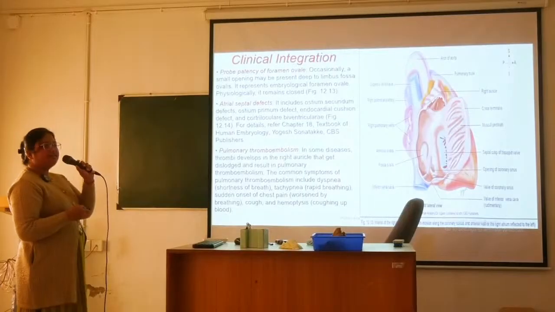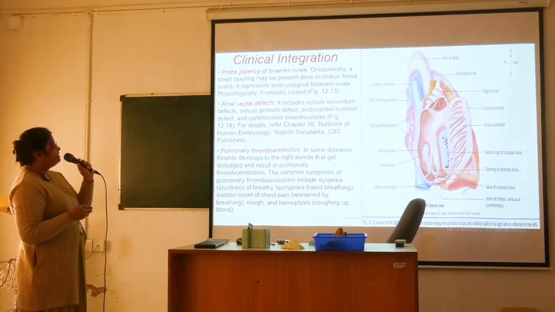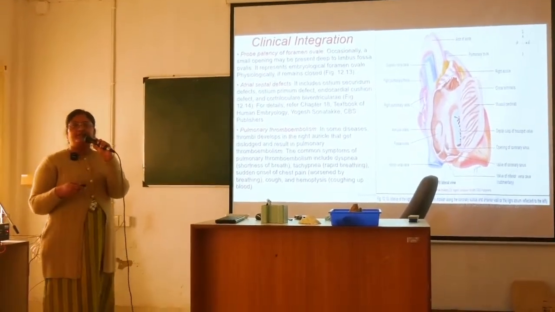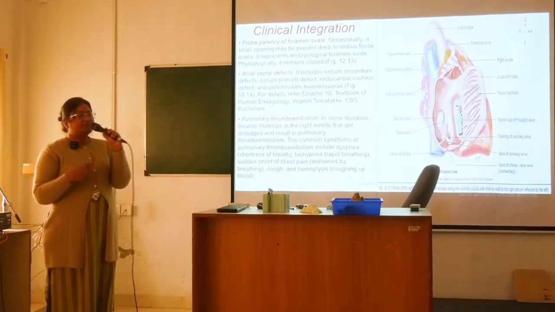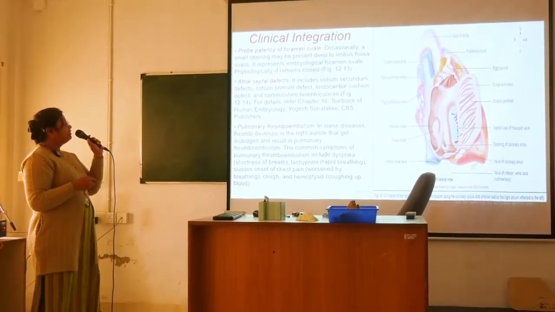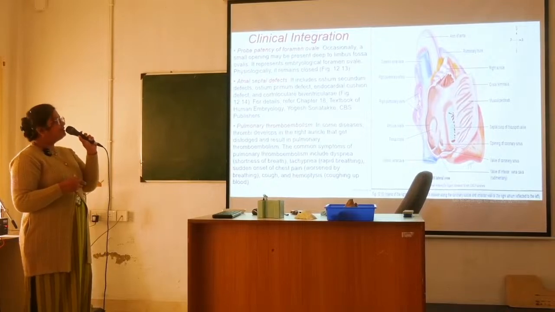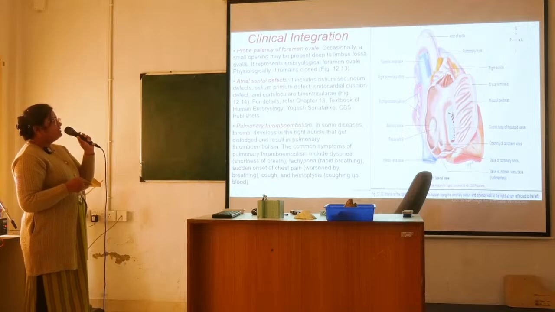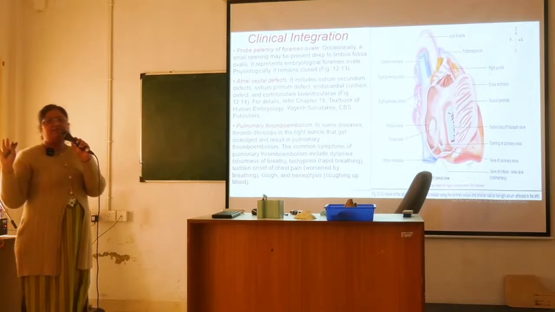The septal defects have different types. Ostium is very important. These defects you have to read in your embryology. Okay, during development of the interatrial septum, it includes ostium secundum defect, ostium primum defect, endocardial cushion defect, cor triloculare biventriculare. That means the interatrial septum is not developed, so one atrium is present.